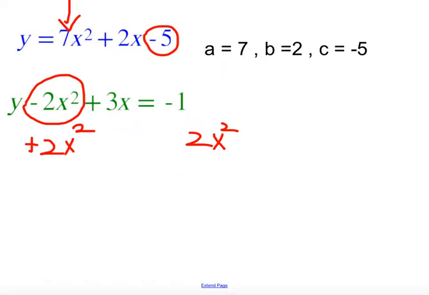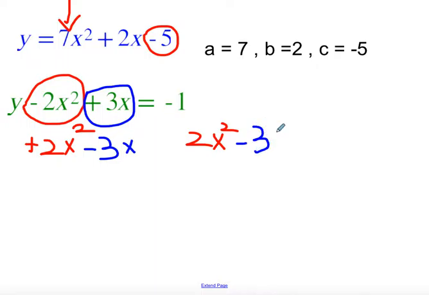On the other hand, we have another thing that is bothering us, which is plus 3x right here. We have to get rid of plus 3x. How are we going to get rid of it? We have to do the opposite action, which is subtracting 3x from both sides.